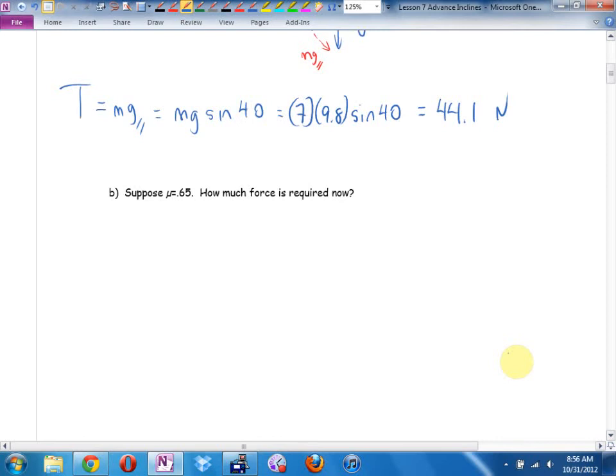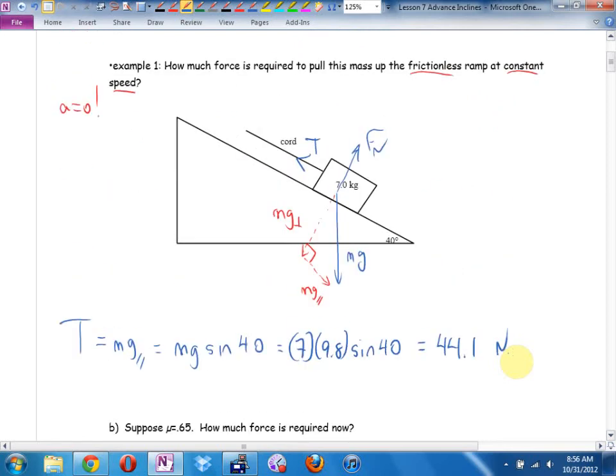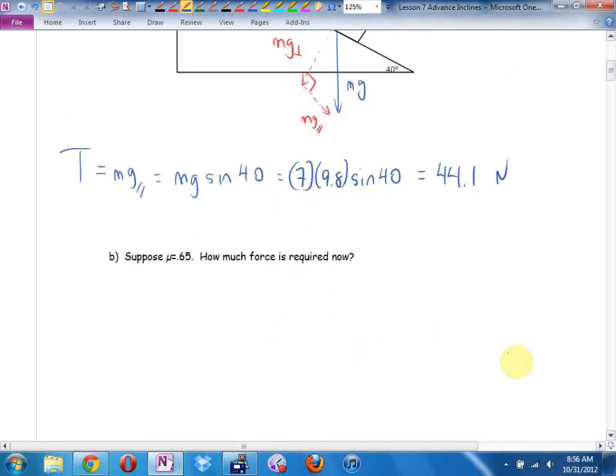Suppose mu equals 0.65. How much force is required now? Friction. Which way would friction be pointing? Oh, you don't have B on there? Oh. That was odd of me.